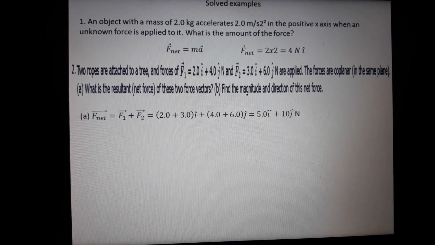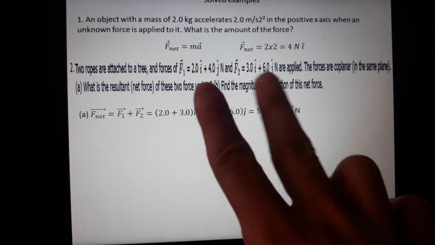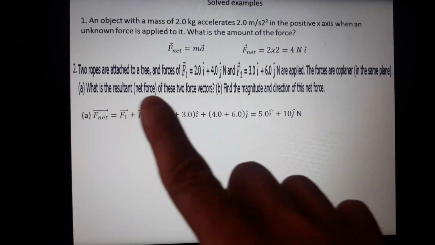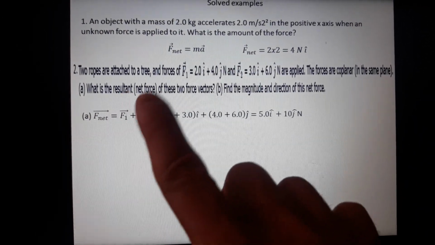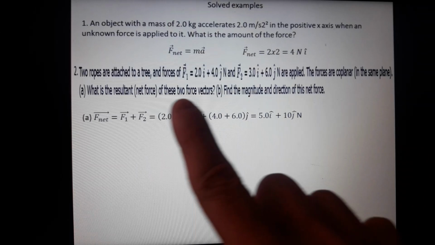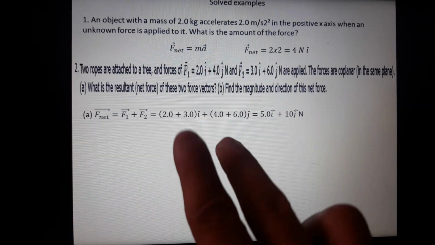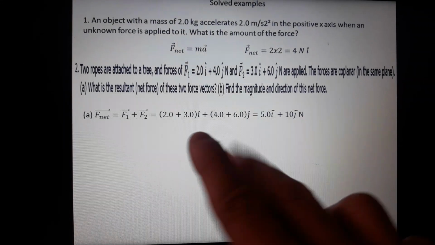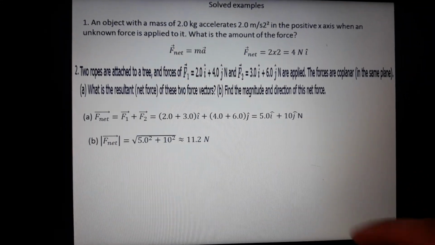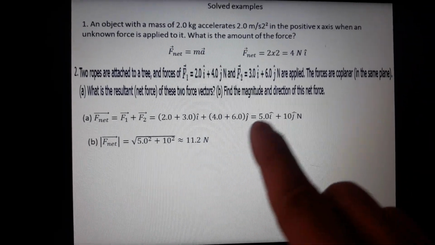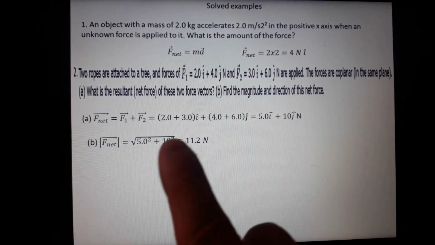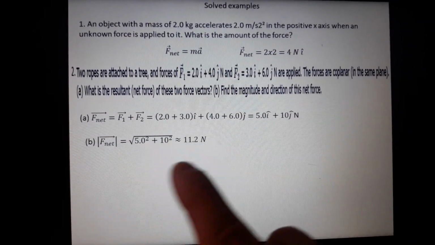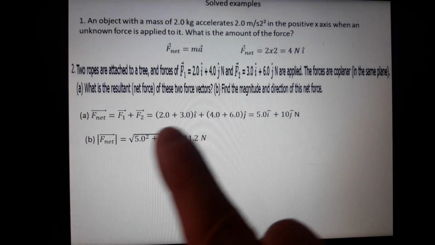In letter A, you need to add these two vectors. What is the resultant? The net force is the resultant of these two vectors. We will add in x and in y using this vector notation. We have classes about vector notation. In letter B, find the magnitude. You know that to find the magnitude you use these ideas.